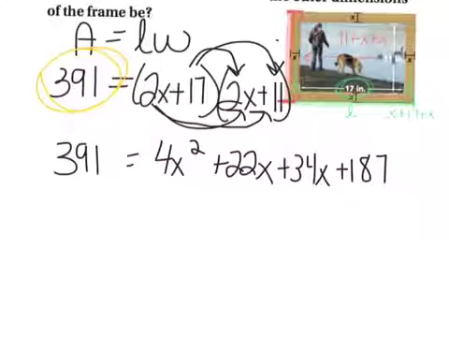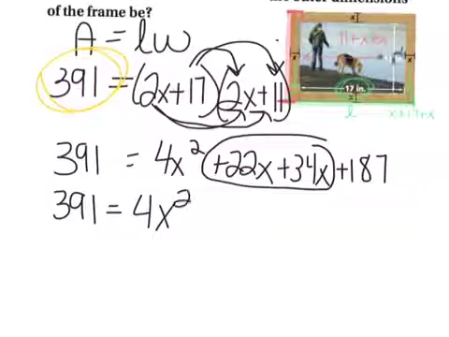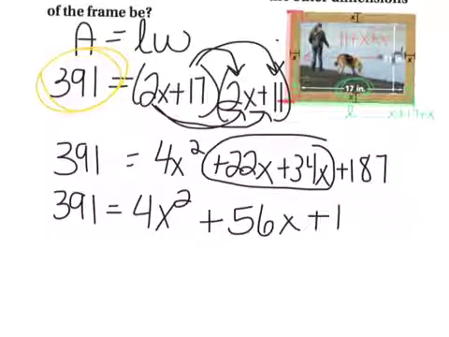So to solve, remember I have to combine these middle terms. So I really have 391 equals 4x squared plus 56x plus 187. But now I am ready to get it set equal to 0.